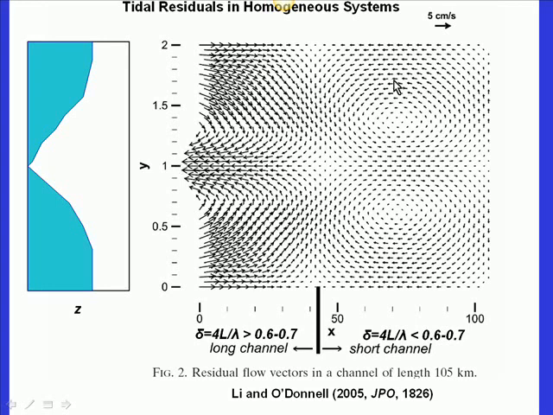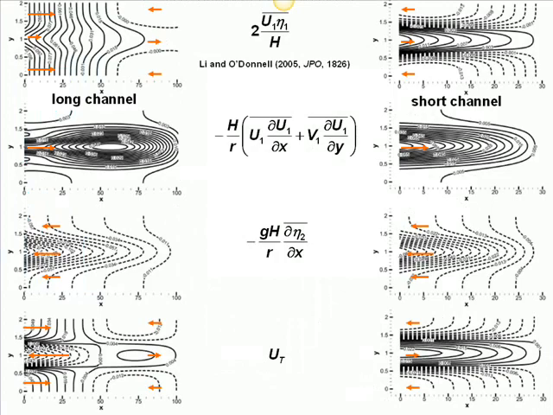Okay. So that's a theoretical solution. Notice that there's the scale. So we're talking about very weak net currents. So let's look at each one of the mechanisms that contribute to this pattern.